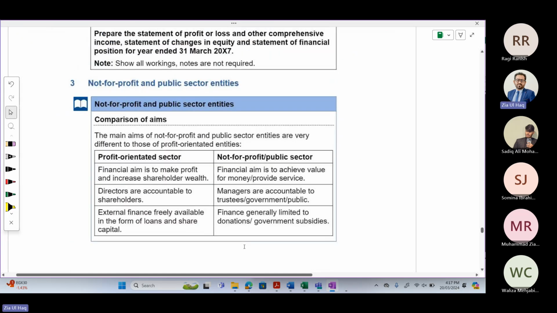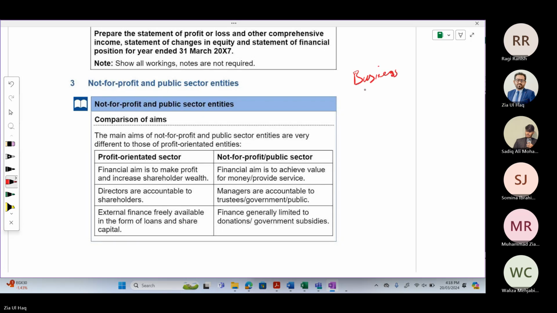Before moving to test your understanding one, let's discuss a small topic relating to not-for-profit and public sector organizations. There are different types of organization. One is called business organization and the other is called NFPOs, not-for-profit organizations.